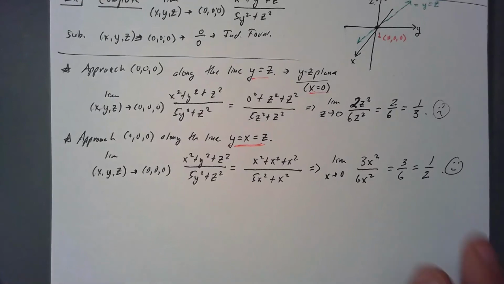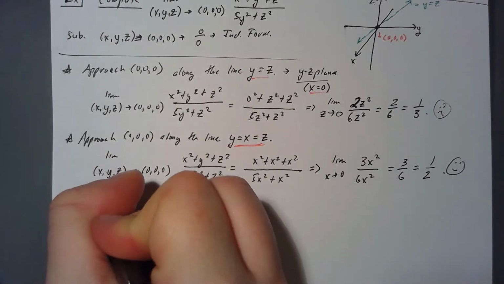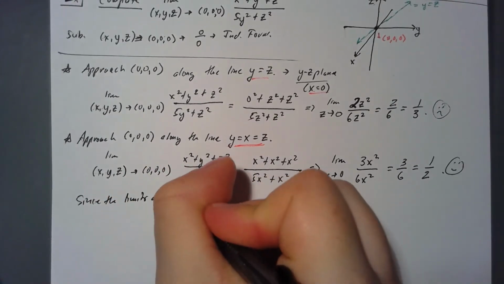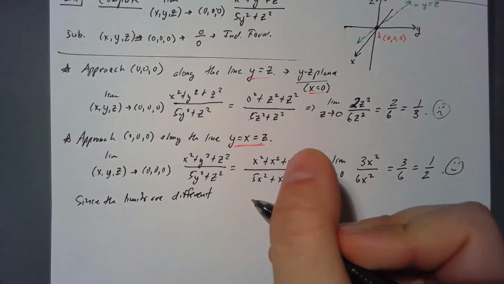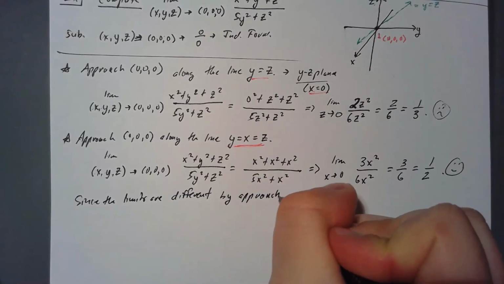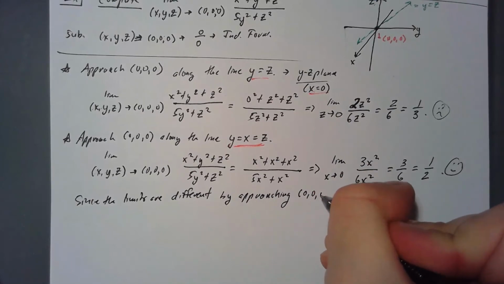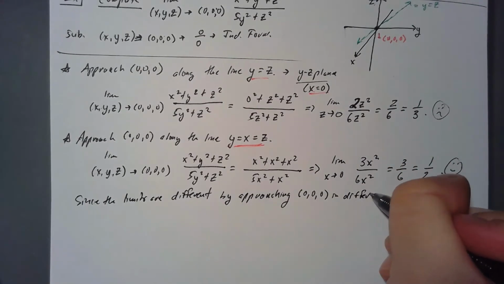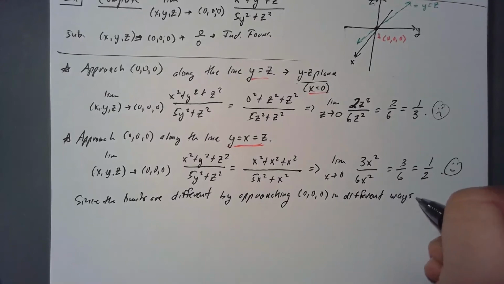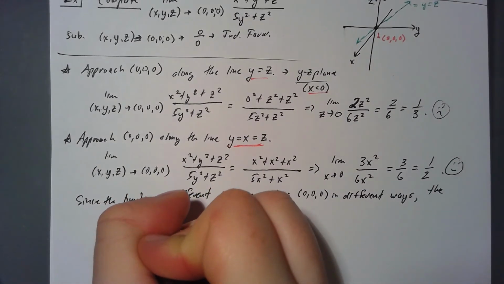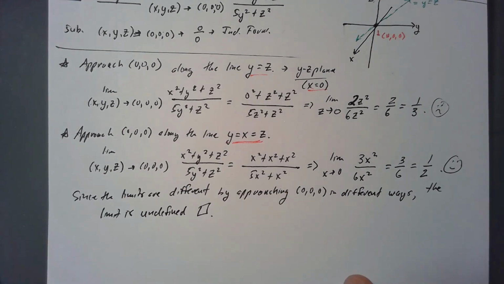So to finish this problem, since their limits are different, by approaching 0, 0, 0 in different ways, the limit is undefined. That's it.